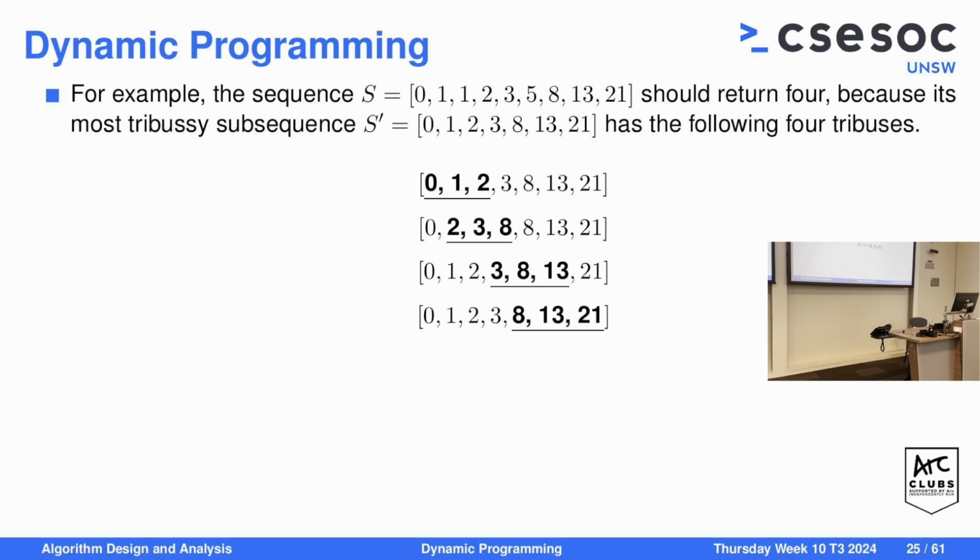So in the most tribossy sequence, I think we can record the maximum number, and then the maximum is limited to the sum of the elements in the sequence. So we can have that in J, and take the subproblem DP of I, which is the item number, and J is the sum.